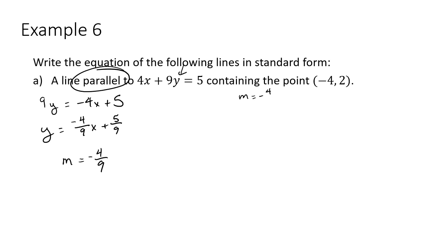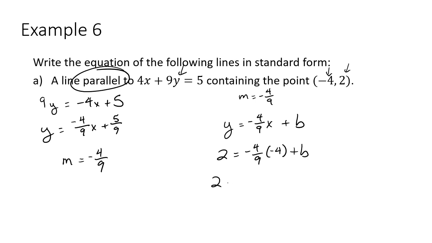Now that we've got slope and we've got a point, we can build our equation. Y is equal to mx plus b. Y is 2. X is negative 4. All right, multiply these two together. That turns into a positive 16/9.